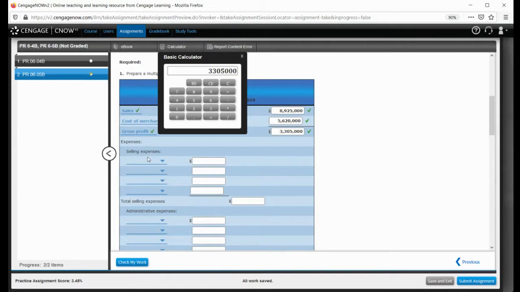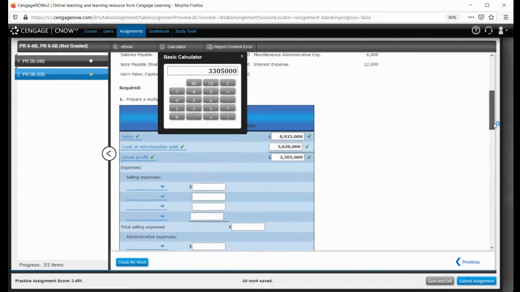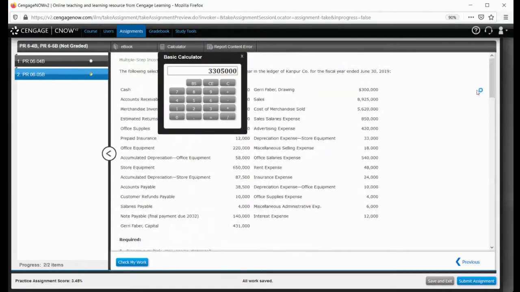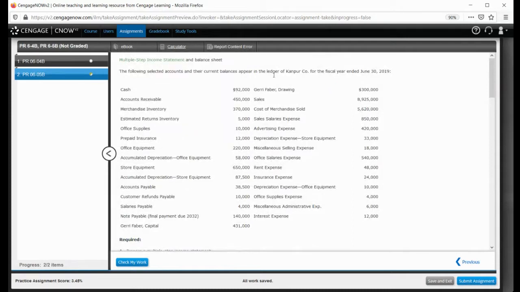So when we look at selling expenses, I would suggest that you look on your problem information at the top of the screen, and we're going to pick out our selling expenses. One of the first selling expenses that I can see is sales salaries expense.